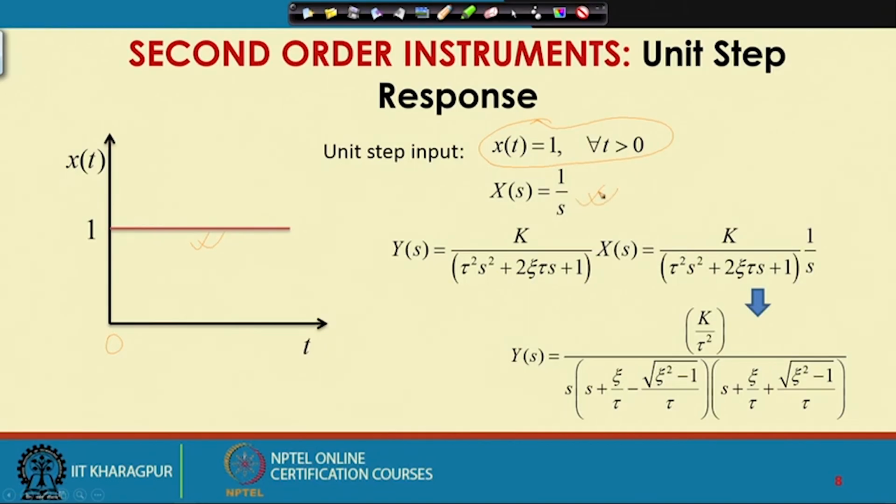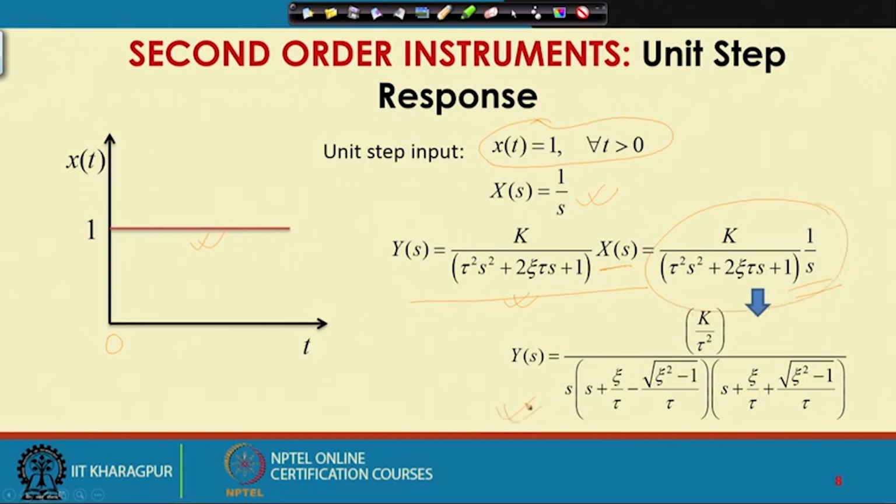So, let us now make use of the transfer function equation, which is this. I have to put x s equal to 1 by s, I have done it here, and then I can rearrange to write this as this.